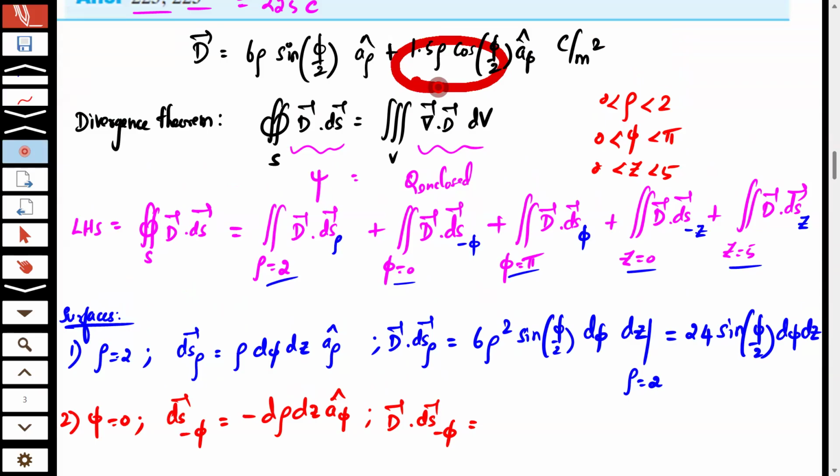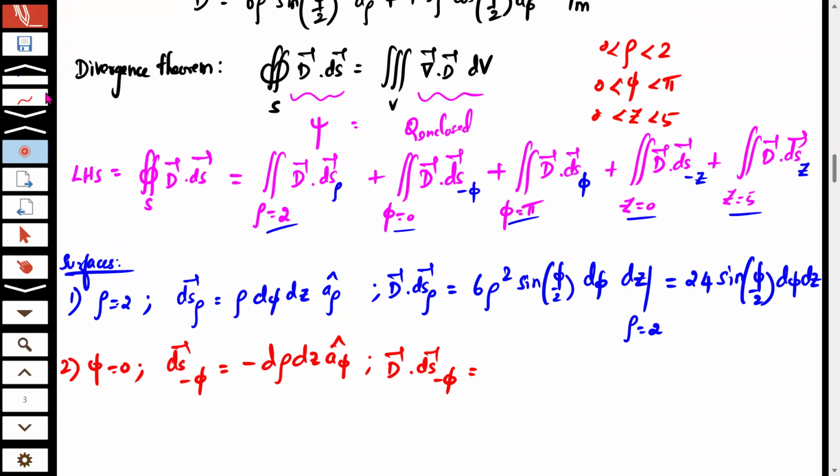So the phi direction component should be multiplied with this phi direction component to get this dot product. Let us write that directly here, which is minus 1.5 rho cos pi by 2 d rho dz. And for this surface, phi should be substituted as 0.